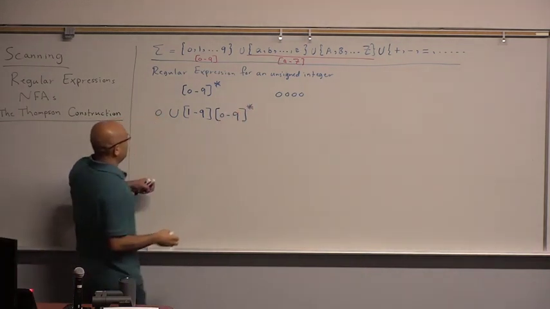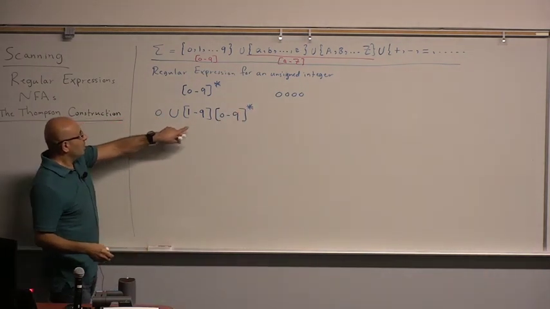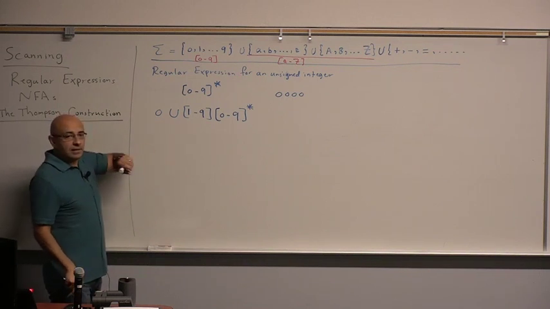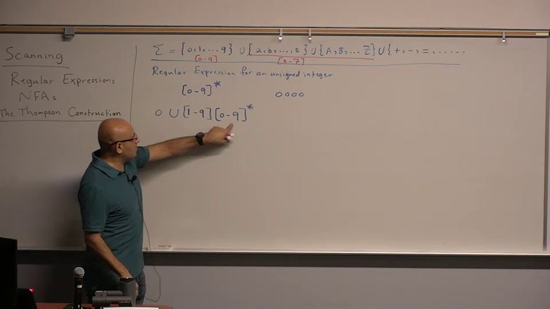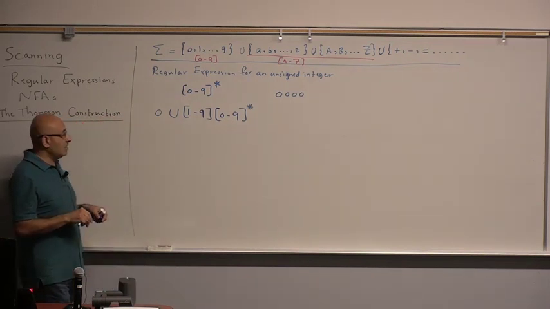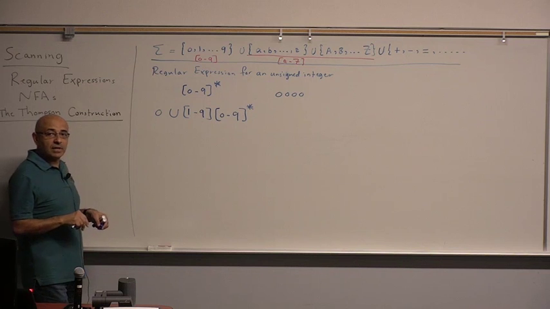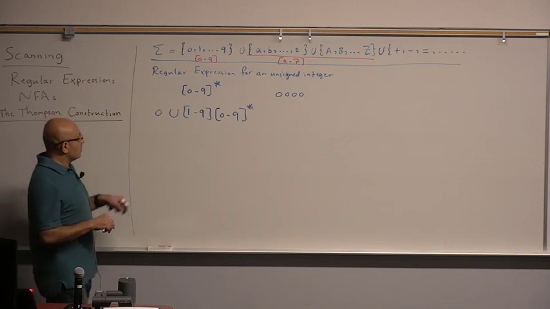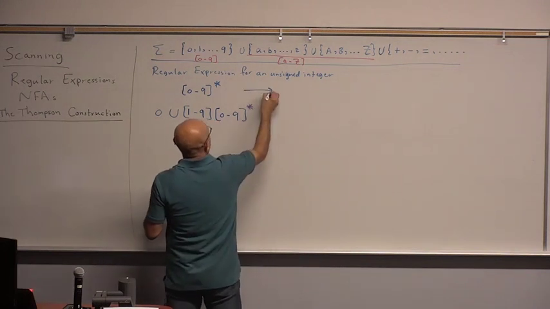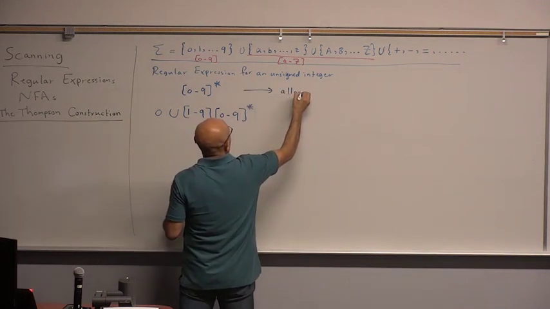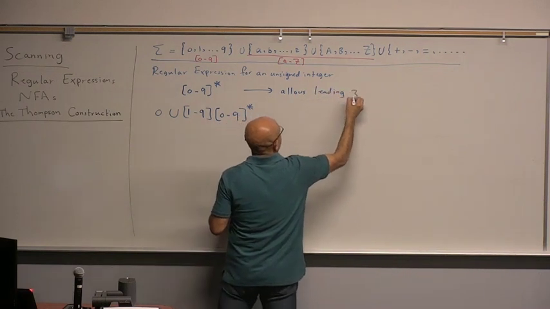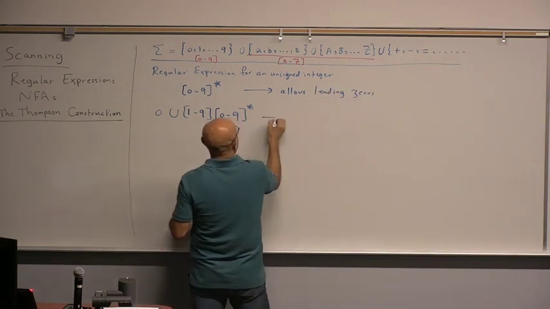So here I'm saying that you either have a 0 or you have a non-zero followed by any combination of numbers. Okay. So this one, this allows leading zeros. This does not allow.